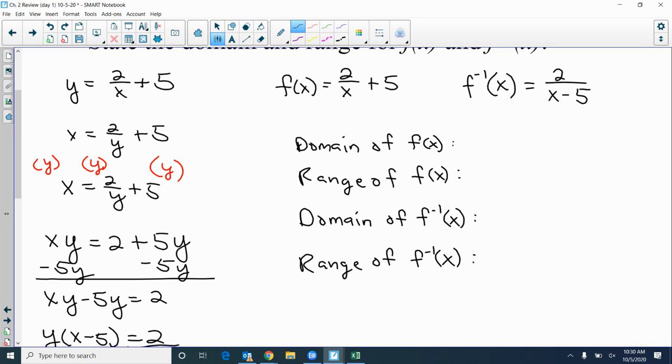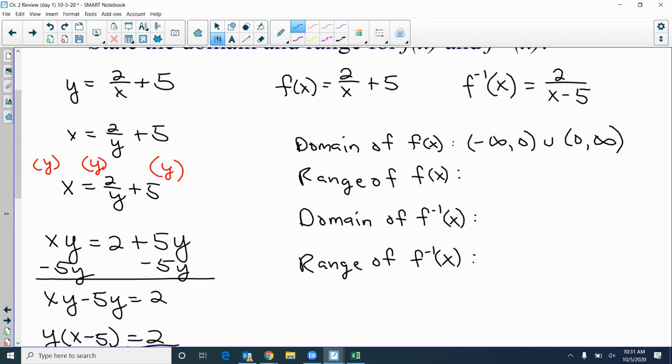All right, just be careful of that first one, 2 over x plus 5. Okay, you got that plus 5 separately, but you still can't divide by 0. So what can x equal for the first one? It can't equal 0. Okay, so it's everything but 0. So the domain of f of x is negative infinity to 0, union 0 to infinity.